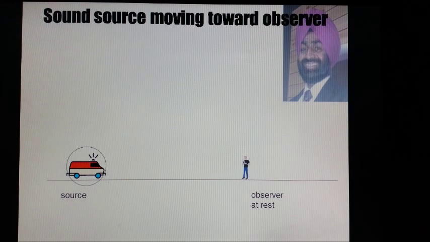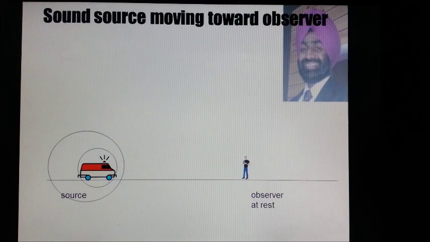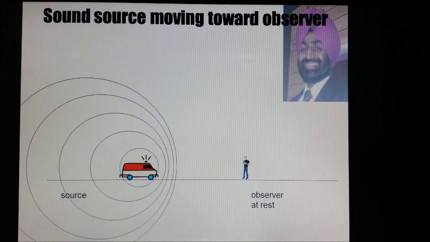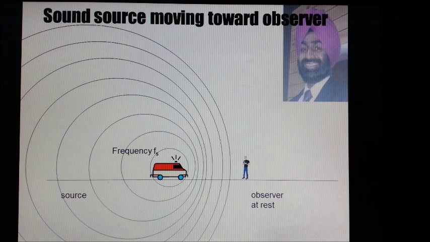So if the source is moving forward, watch carefully, the first wave is given at the location as shown. When the source moves ahead, the second wave is emitted at a different point, third at the next point, and so on. So you can see the waves are clubbing together when the listener is standing in front of the approaching source.